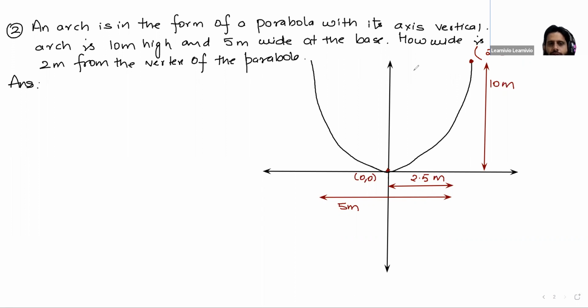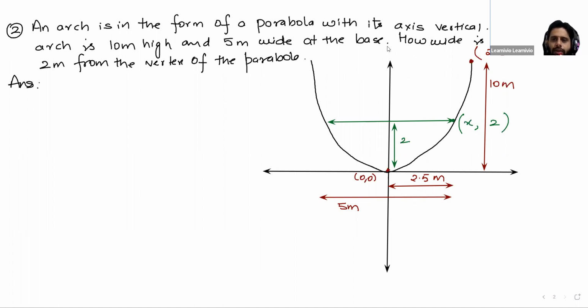How wide is it 2 meter from the vertex of the parabola? This means from this vertex, if we go to 2 meter, what is the width? So we need to find this width. So we can write this point as: the height is 2 and this is x.